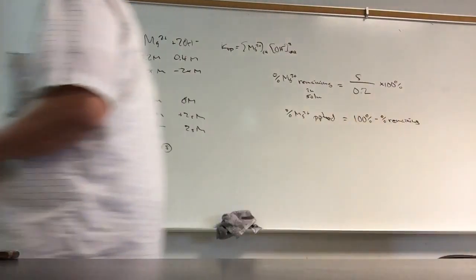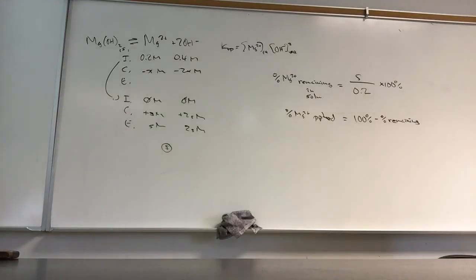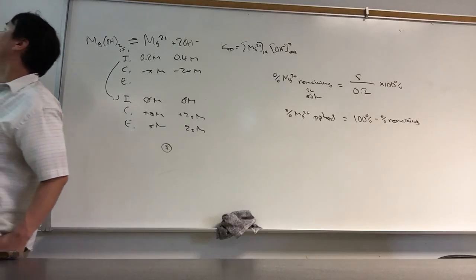It depends on how it splits apart. And so an example, this came up earlier today. Let's look at the difference in KSP between silver chromate and silver bromide. Silver bromide has 10 to the minus 13.